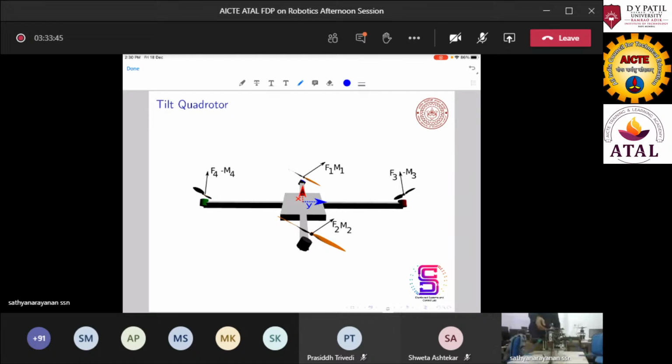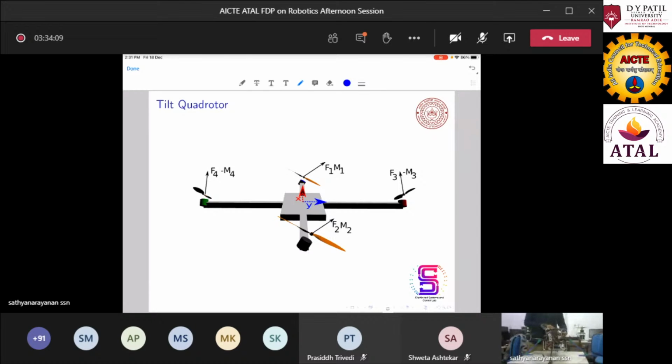Let's say the one pointing towards you is the x-axis, and this is y. If you want to generate a force along y, you just have to tilt the two rotors along the same direction. So you will generate a force along the y axis.